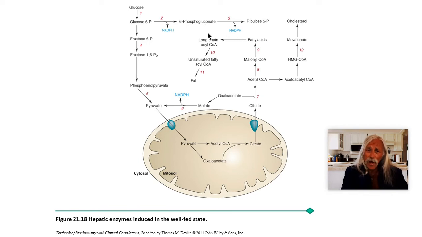So you're making a lot of NADPH. That reducing power is going to be used to drive what? It's going to be used to drive fatty acid synthesis. That's correct. And plus, it's going to be making a lot of intermediates important for driving anabolism. Ribulose 5-phosphate can be converted to ribose 5-phosphate, which of course is necessary for nucleotide biosynthesis.